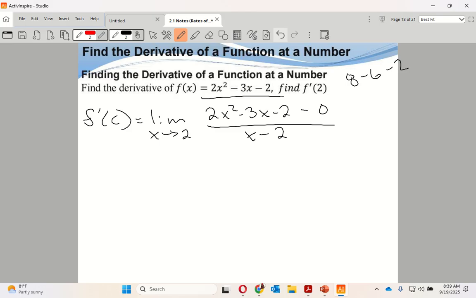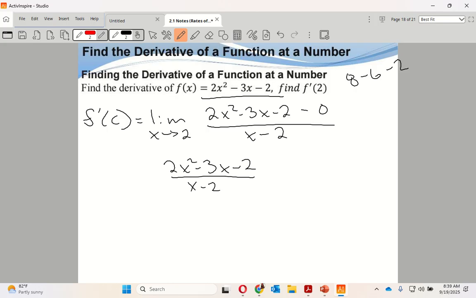But what do we do when we have holes? Factor the top and cancel out the bottom, right? So that's where that's going to come into play. So now this is going to turn into 2x squared minus 3x minus 2 over x minus 2.